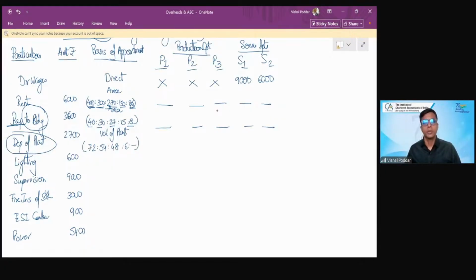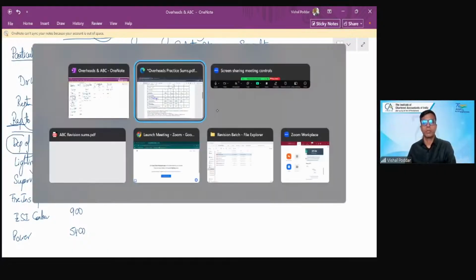See, again, do this because many times in exam haste, like how I just did, instead of writing the amounts in the amount column, I wrote it in the basis of apportionment column. This happens in exam. So here, if one of the department's ratio is not given, put dash, so that when you are solving, you have that idea that any one or two departments are not given the ratio. So there I will be putting nil. Correct?